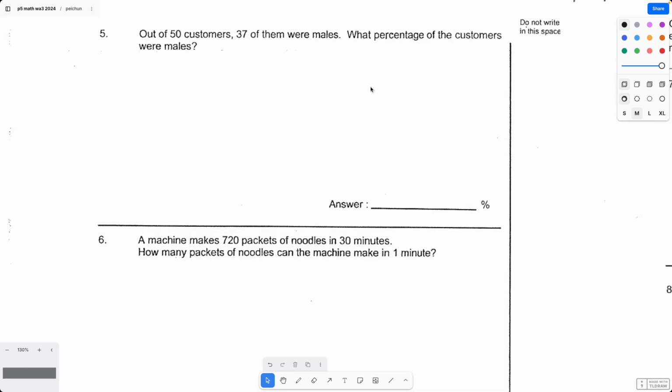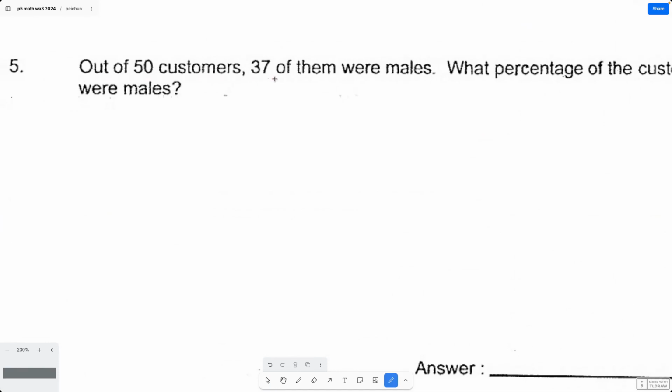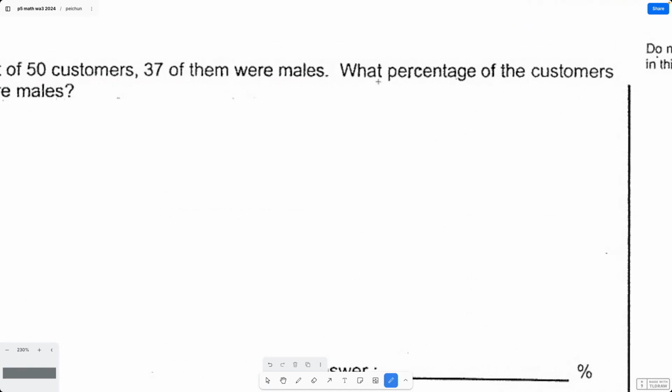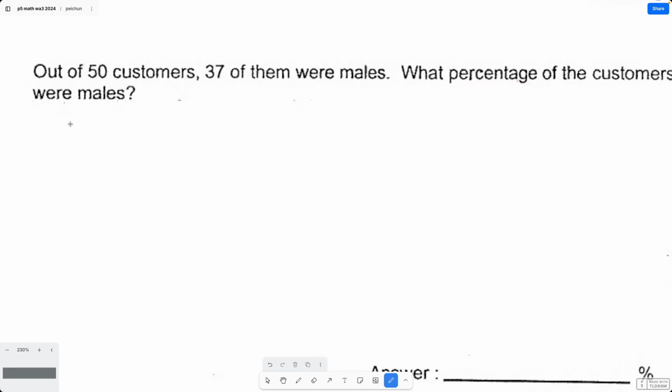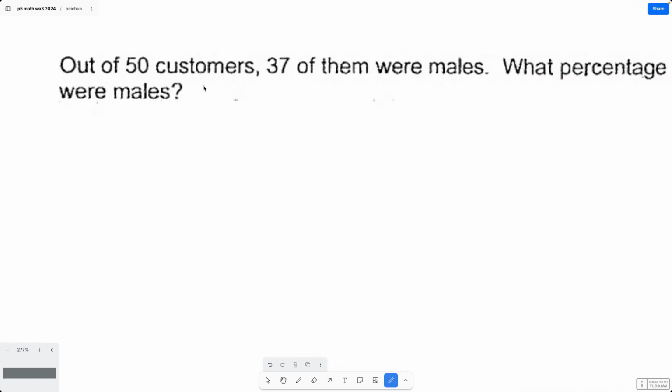Question 5. Out of 50 customers, 37 of them were males. What percentage of the customers were male? Okay, so basically, if you want to know a percentage of something, you first want to get the total, right? So usually, in this case, the total is 50, right?